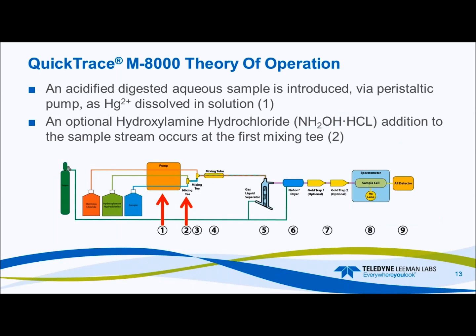So the theory of operation is, the acidified sample is introduced by a peristaltic pump, and again, it's got to be Hg 2+. Then we can introduce a hydroxylamine to pre-reduce the bromine monochloride, or BrCl, in the first mixing tee.